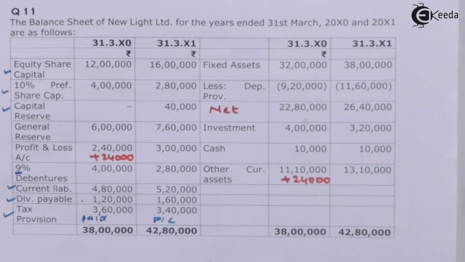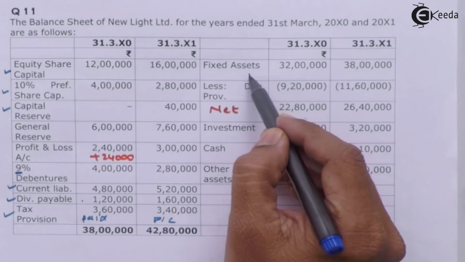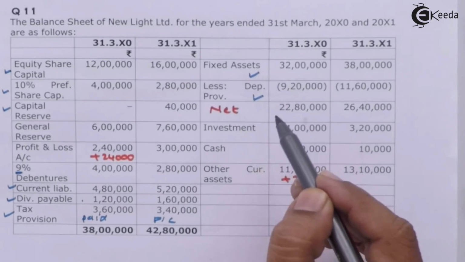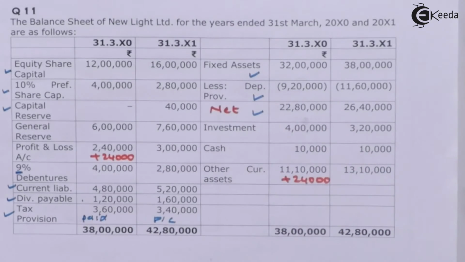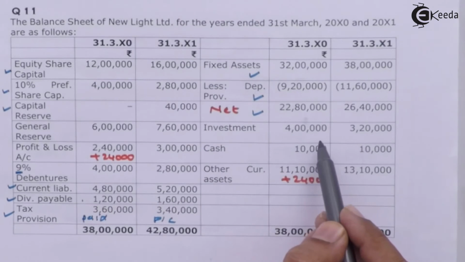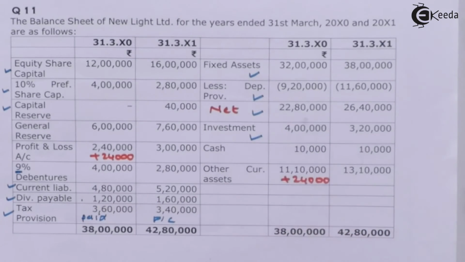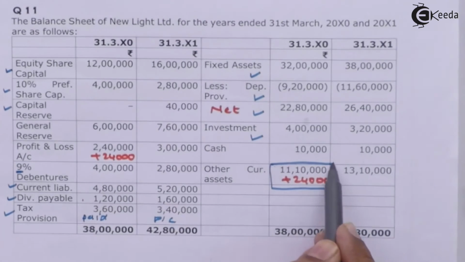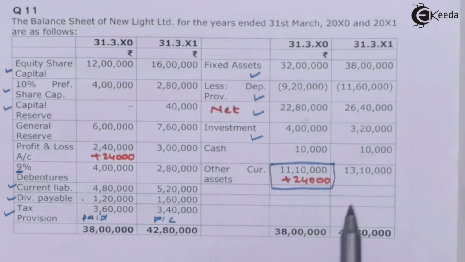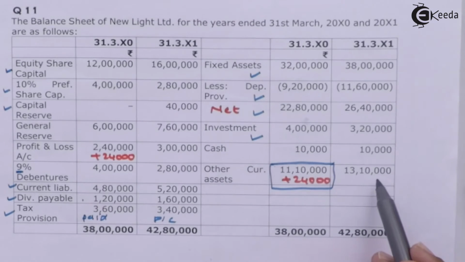On the asset side, we have covered fixed assets, we have covered the P&L account, we have covered this net figure of course. Investment also we have considered by preparing the account. Cash is your cash and cash equivalent. Other current assets at the beginning of the period were 11,34,000 and now it is 13,10,000.